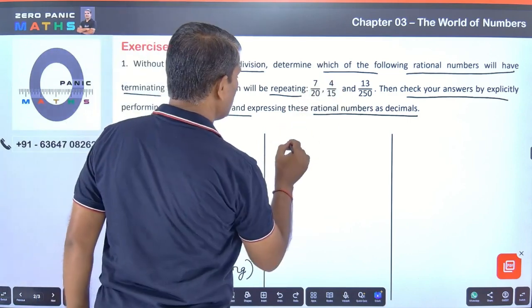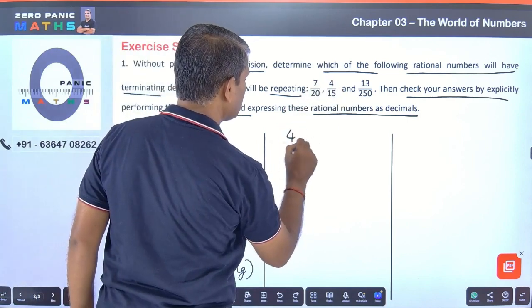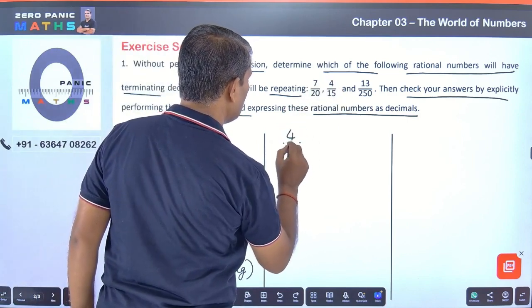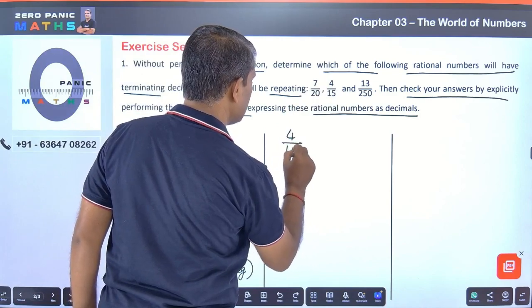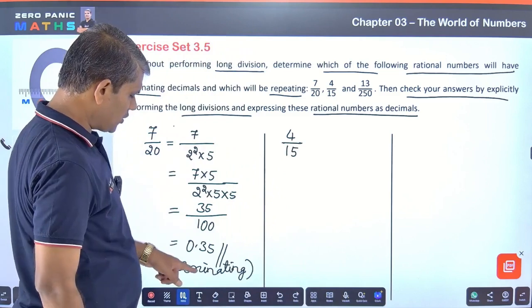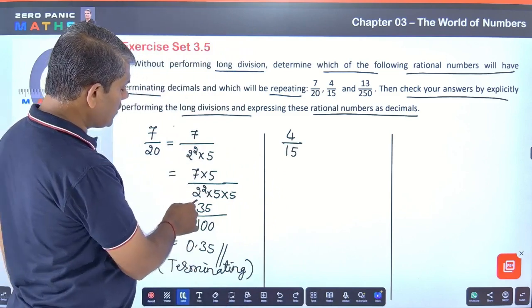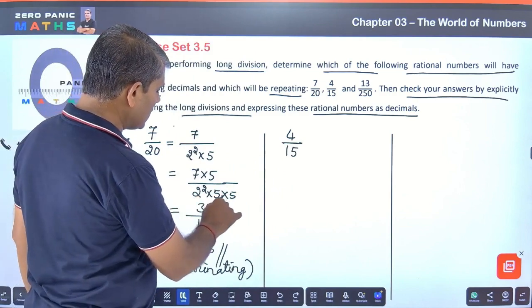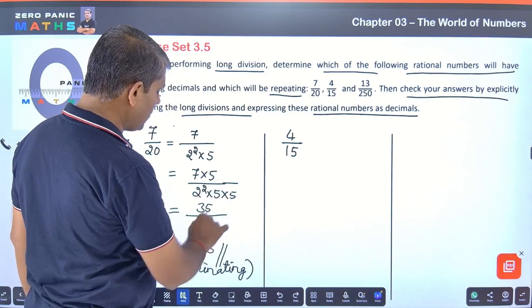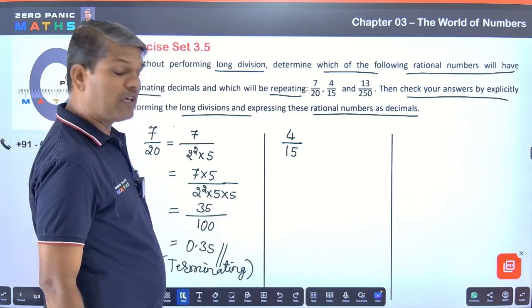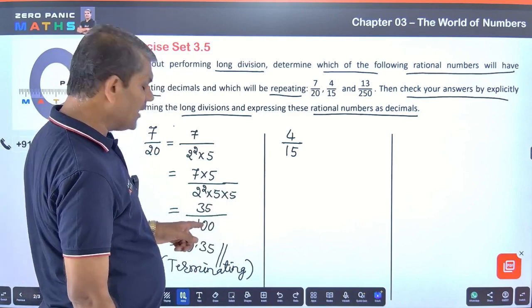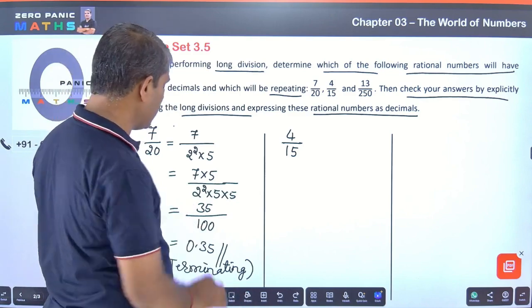Now coming to 4 by 15. Here also you need not do the long division process. The process that we followed in the first problem is we tried to convert the denominator into multiples of 10 or 100 for specific reasons.